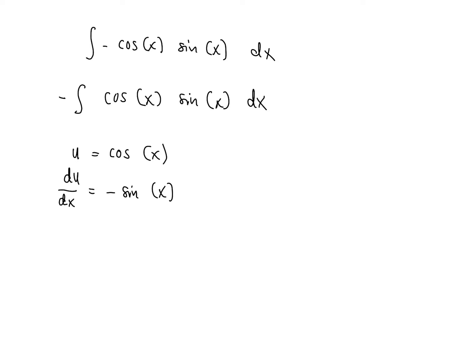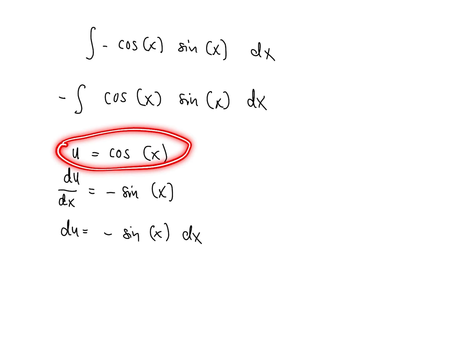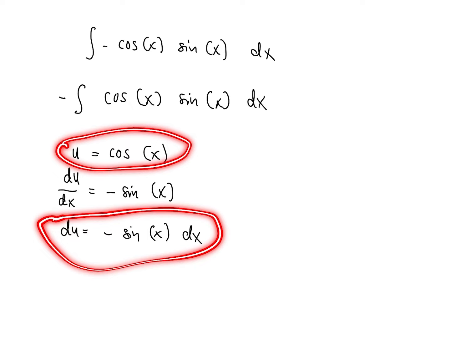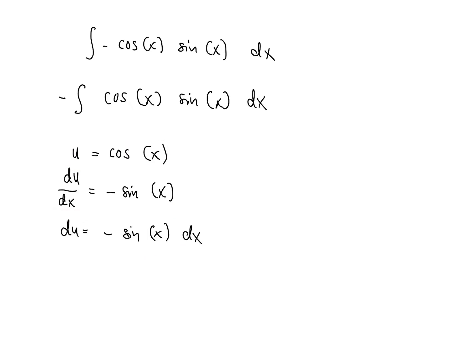And here we have sine x dx, so why not put this dx here? So I will have du equal to negative sine x dx. Now I can substitute u and du into this equation.